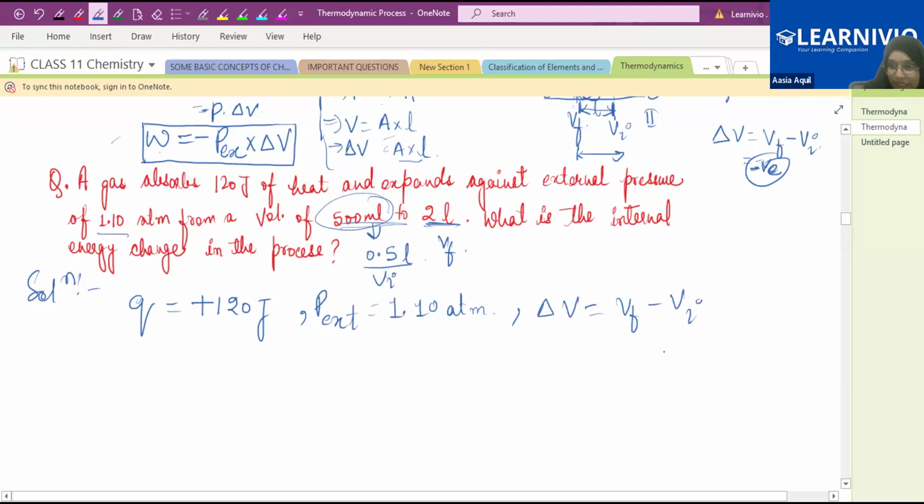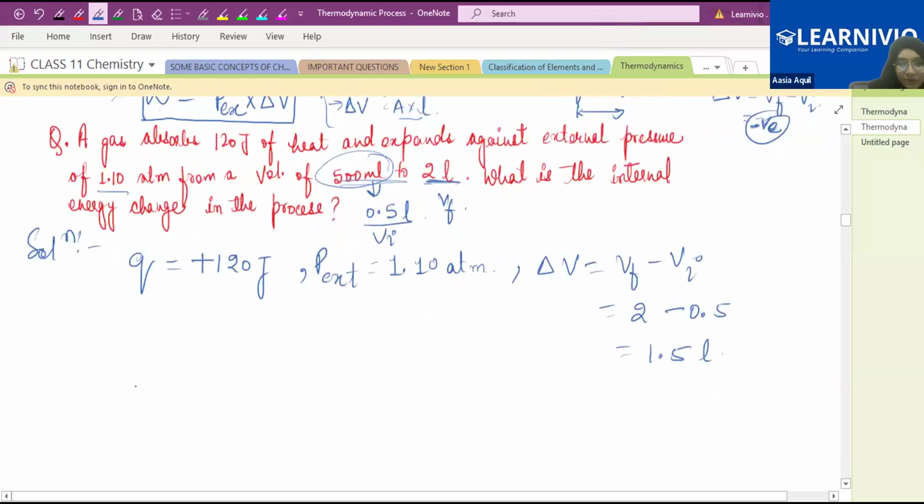It means 2 liter minus 0.5 liter. So it will be 1.5 liter. So that's the delta V. Now you know the formula, just substitute this in the formula. W equals to minus P external into delta V. Now what is P external? So it's minus 1.10 multiplied by your 1.5.